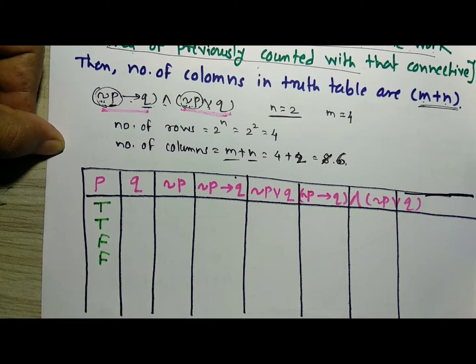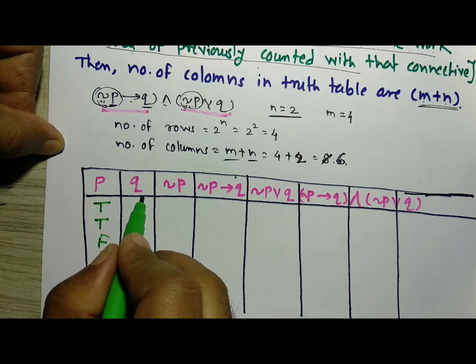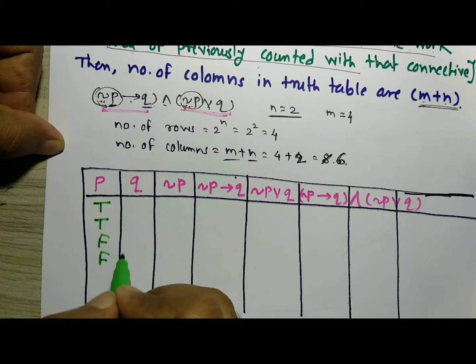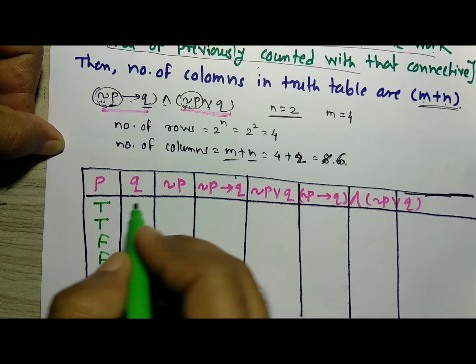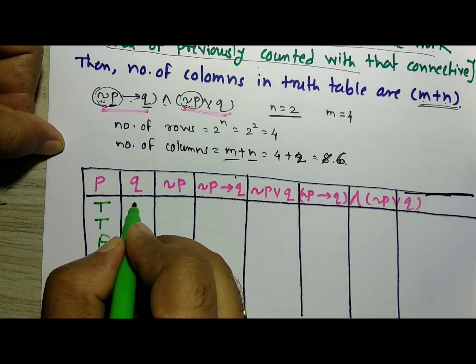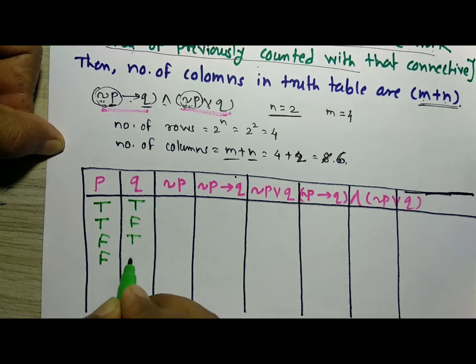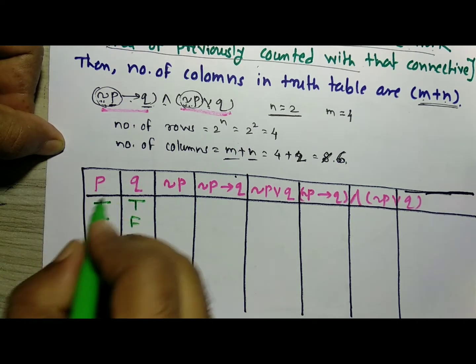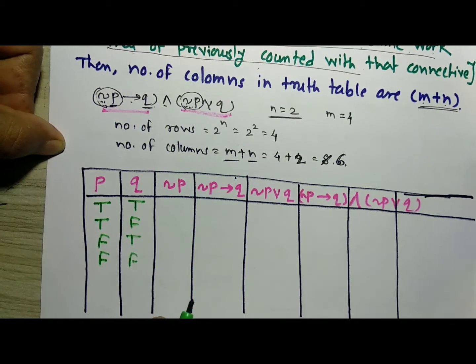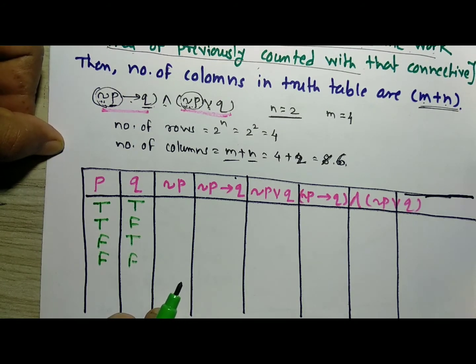After that, the second statement also has 4 rows, but here you take it alternately: 1 time T, 1 time false, 1 time T, 1 time false. Those are all the combinations of the prime components related to their truth values.